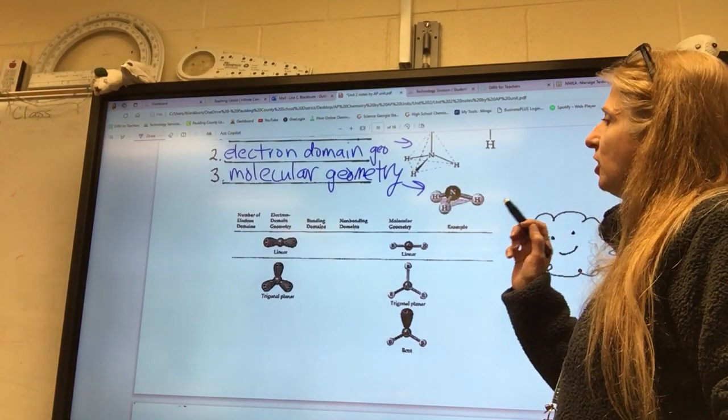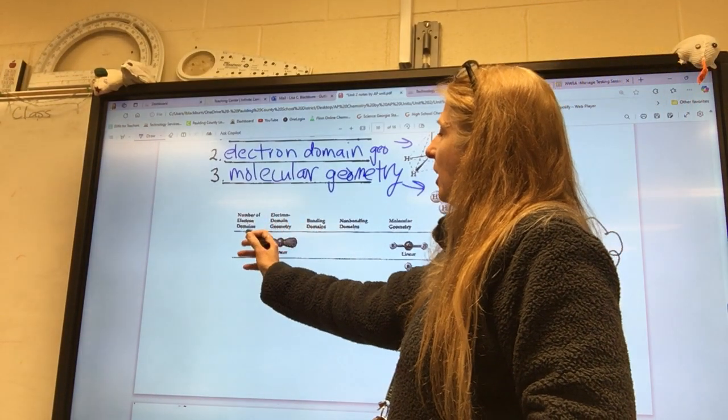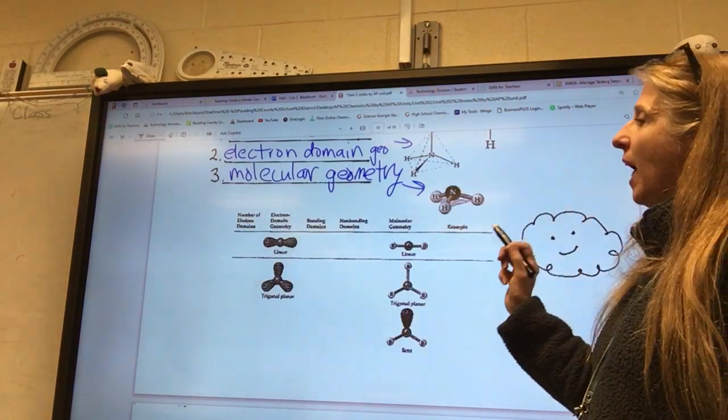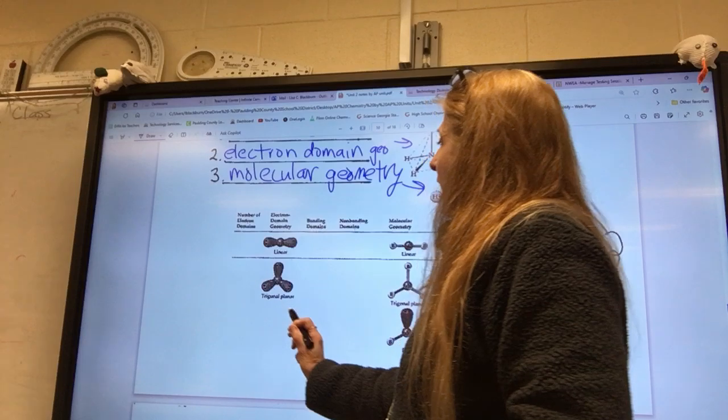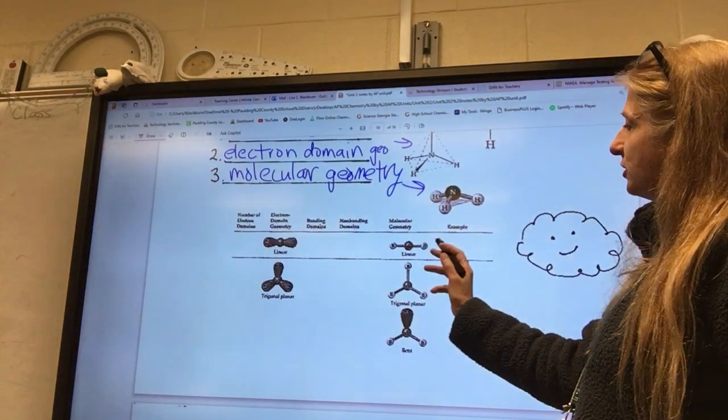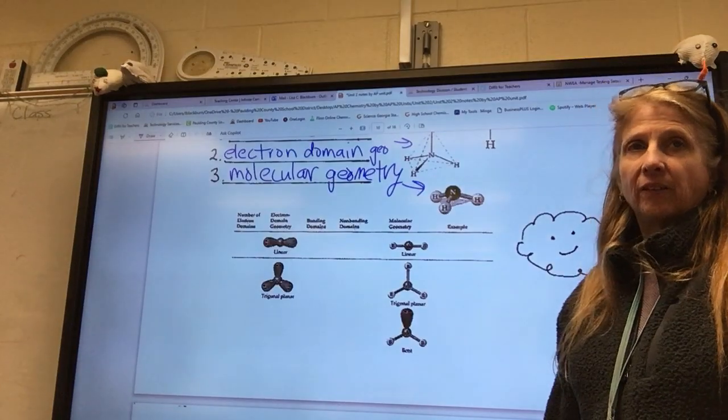So we're going to talk about how many of these negative blobs, imagine that, here's our negative blob, how many does it have, and then how many are bonding and how many are lone pairs, and what shape does it make? Okay?